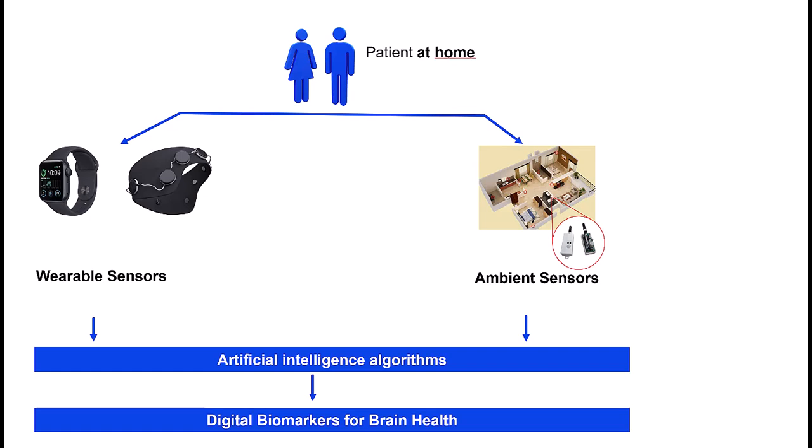So I have here a very simple example of a small sensor box that is placed in the apartment of these patients. And this sensor box is very simple. You basically have a PIR sensor, that's a passive infrared sensor that measures human motion.